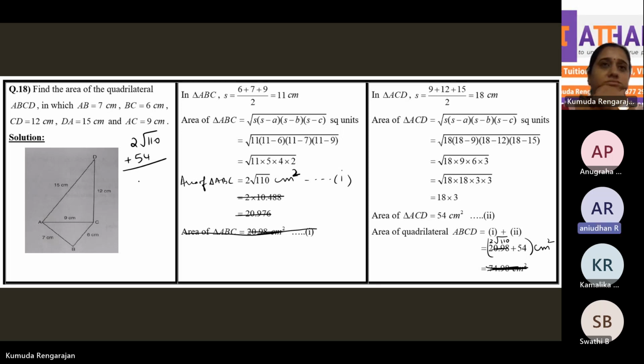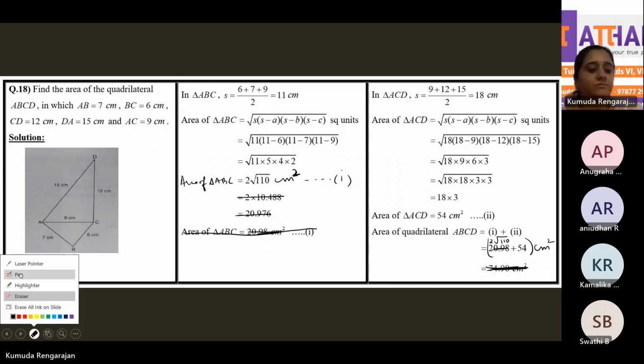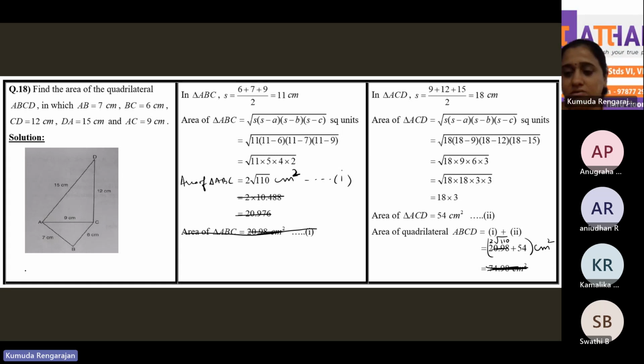Ma'am, because 2 root 110 is an irrational number, ma'am. Very good. So they're unlike, right? So you cannot add them. Yes, ma'am. Very good. Okay. So you leave the answer like this, 2 root 110 plus 54. That's all. Or 54 plus 2 root 110. That's it.